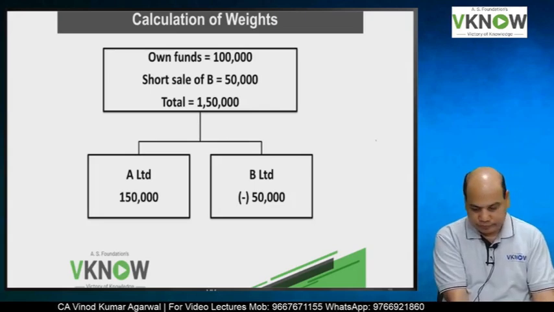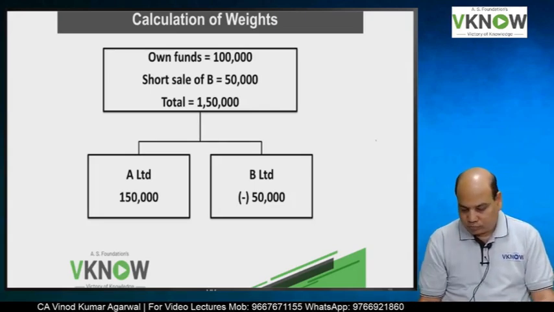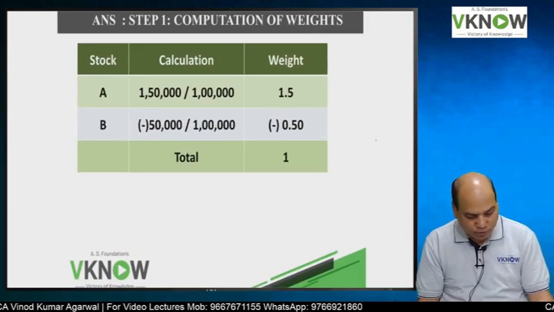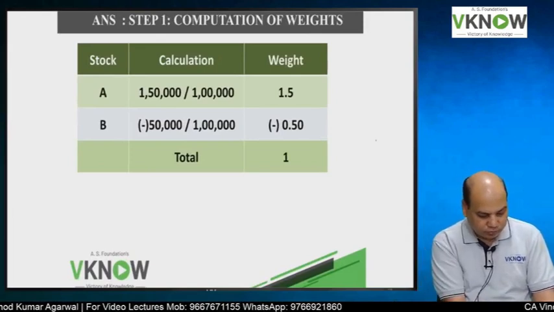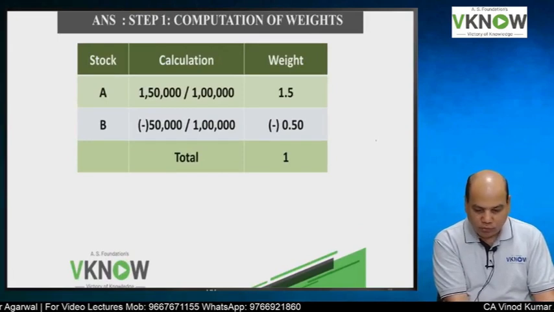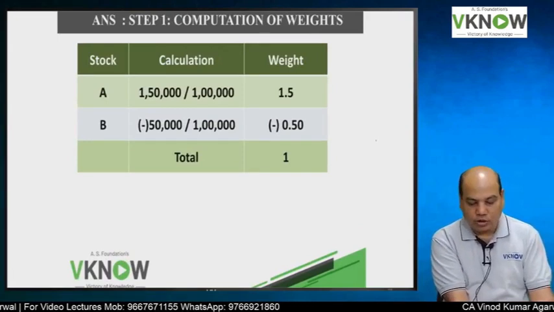Then you write down the next step, computation of weights. Under computation of weights, draw 3 columns.